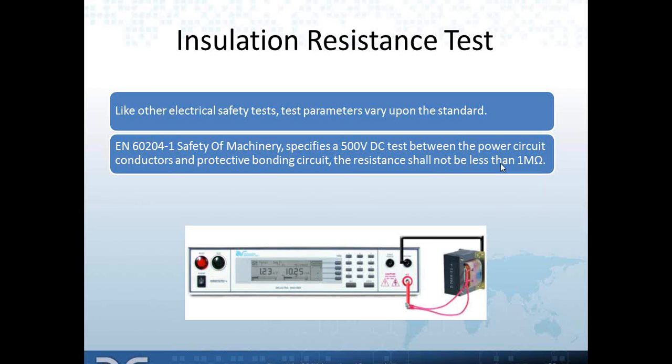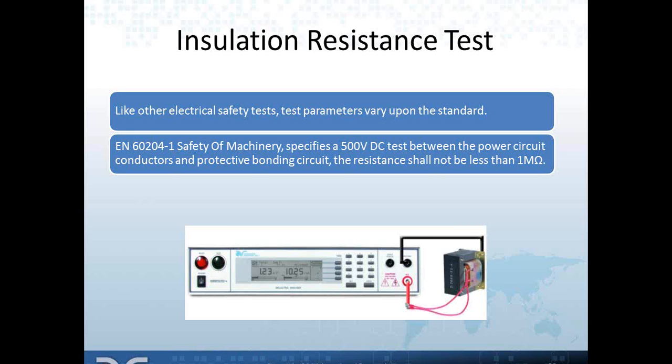And also the resistance shall not be less than 1 megaohm. In the picture below in the bottom you can see a basic transformer being tested for insulation resistance.